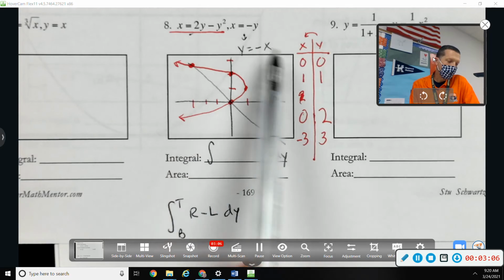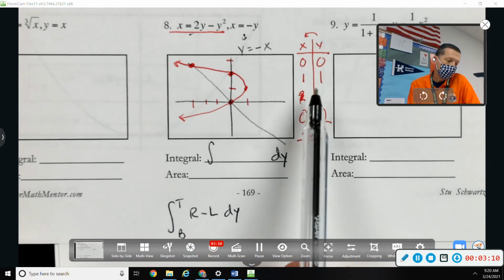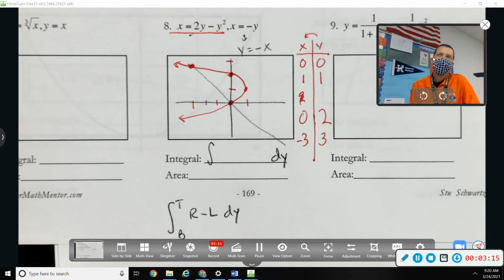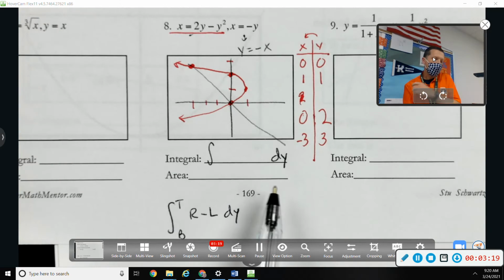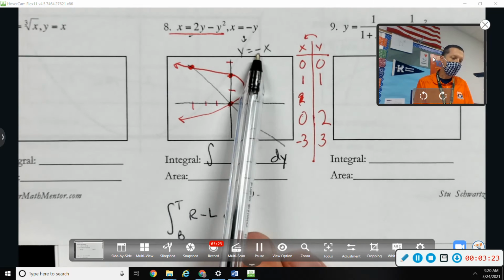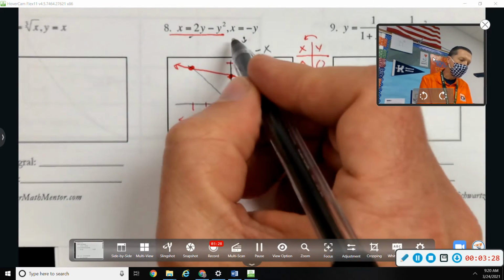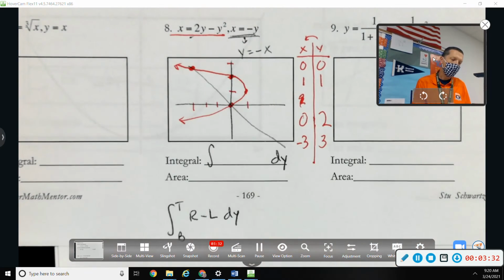So I'm stuck just doing a table of values. If you could switch it, it would not be a bad idea, but you can't switch that one. Student: I just didn't know if you needed to have them in terms of the same thing or not. You do need to have them in terms of the same thing, and they both need to be in terms of y. So even though we switched it because graphing it is easier, when it comes to plugging it into the integral, we'll want it in terms of y. So we'll go back to the original.